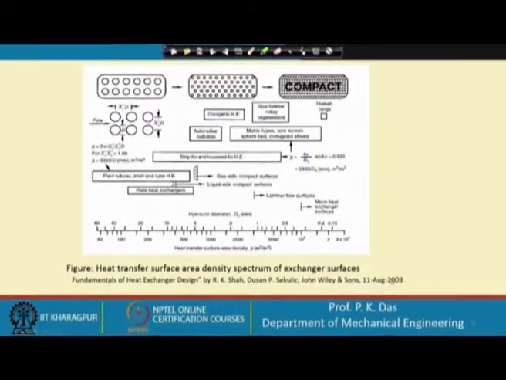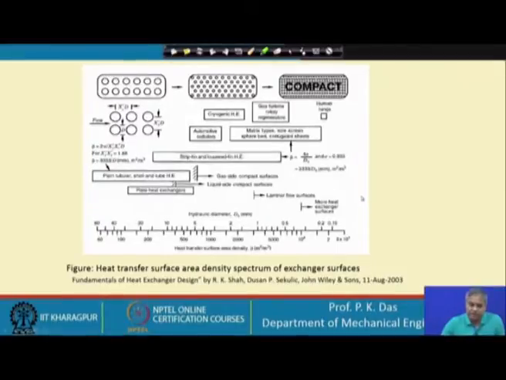Next we go to a slide which is very important, and one should spend some time here to understand what compactness is in connection with a heat exchanger. Symbolically, some heat exchanger structures are shown. In the first case, there are two fluids, so this indicates a two fluid heat exchanger.